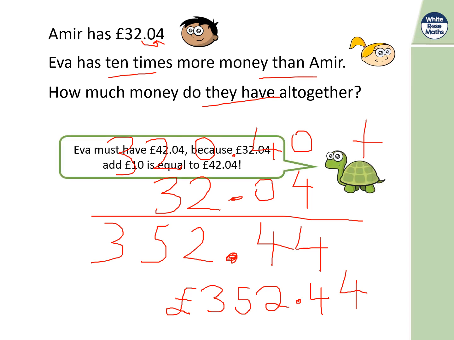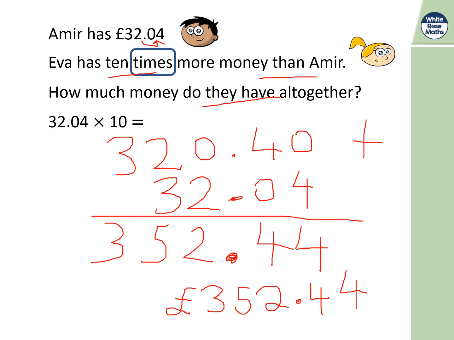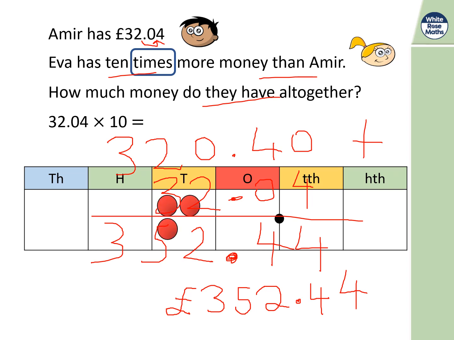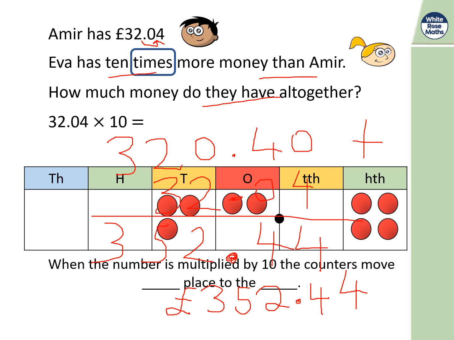So White Rose Maths answers. Eva must have £320 and 40 pence. So look at the pictures now. Everything moves one place to the left in terms of the picture diagram. When the number is multiplied by 10, the counter moves one place to the left.